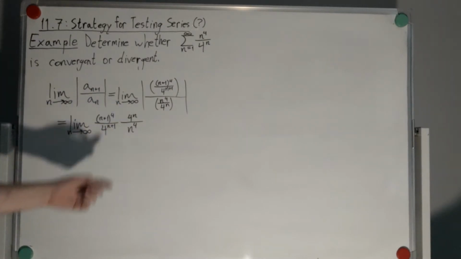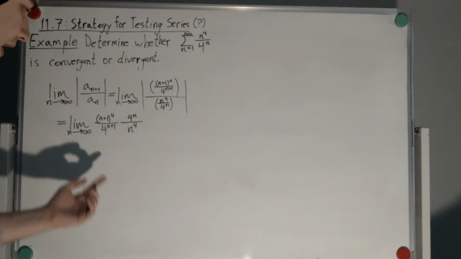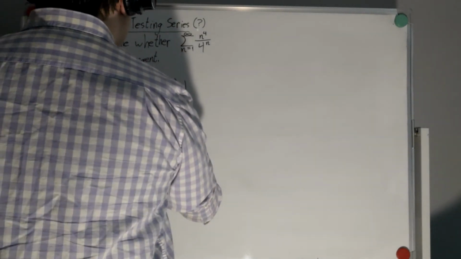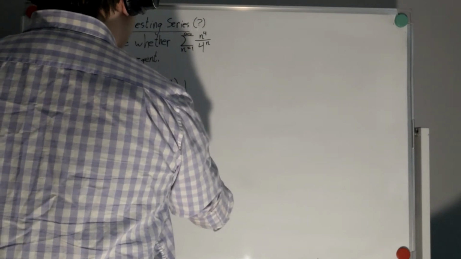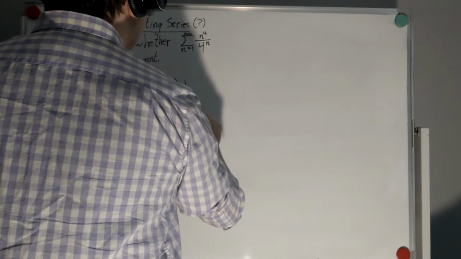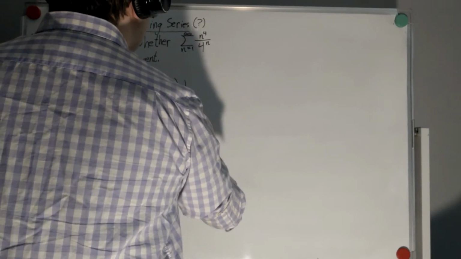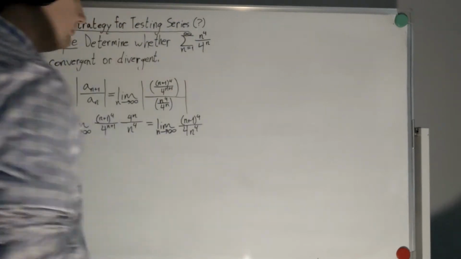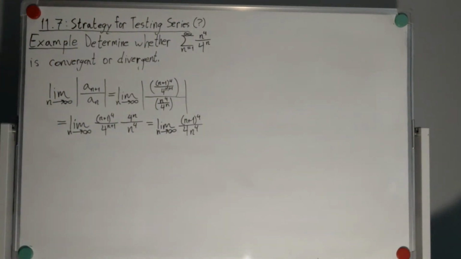n copies of 4 on top, n+1 copies of 4 on bottom. And many of those factors will cancel. So what we're left with is just the limit as n approaches infinity of (n+1) to the fourth divided by 4n to the fourth. This limit is 1/4.